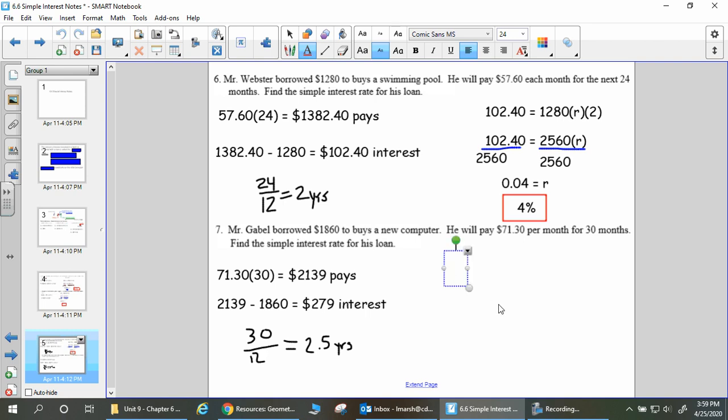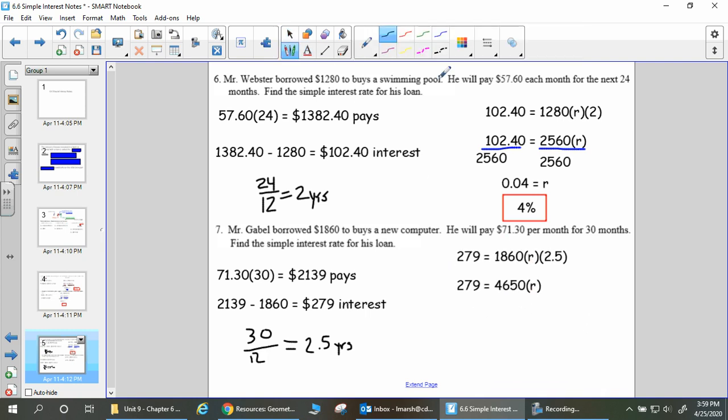So when I put things in, it's $279 in interest, $1,860 times R times 2.5 years. So $279, and 1,860 times 2.5 is 4,650.